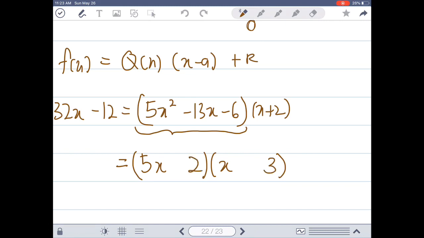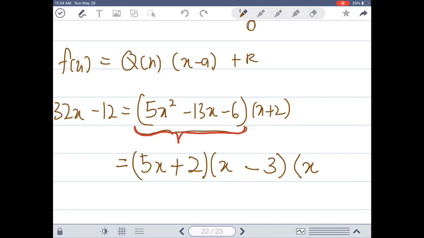You can use factorization, or you can use your calculator. It's negative 15 plus 2x, negative 13x. So when we factorize this, we will get 5x plus 2 times x minus 3. Next, we just bring x plus 2.